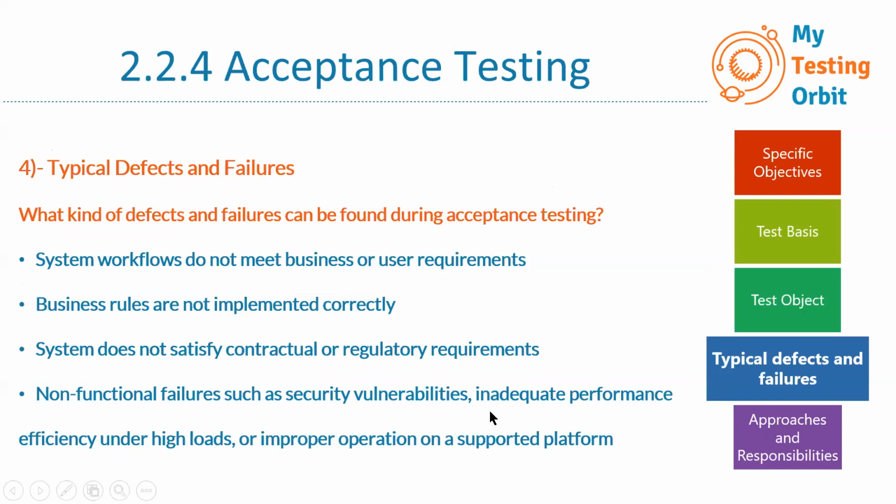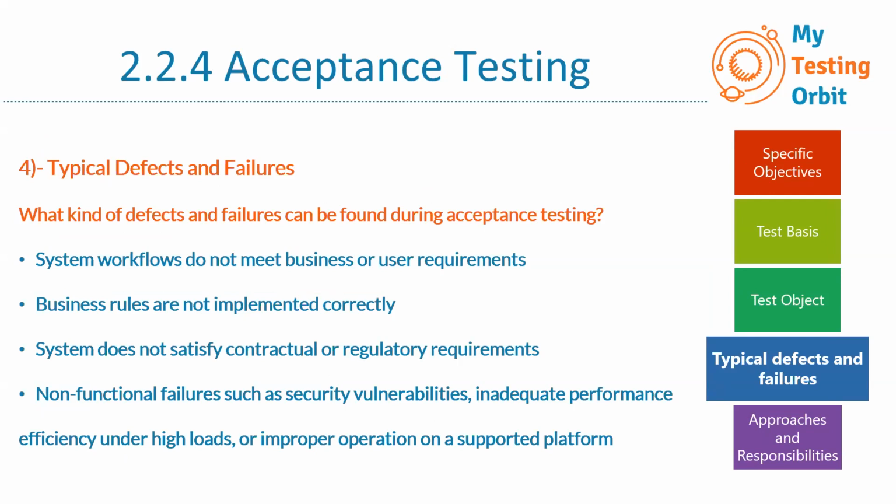The next one is typical defects and failures. What kind of defects and failures can be found during acceptance testing? At each test level, we have different kinds of defects which we are expecting from that test level.